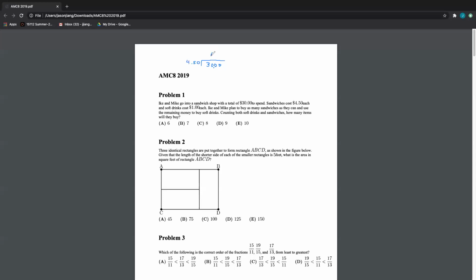It goes in 6 times. 6 times 4.50 is 27. So if we subtract that, we're left with a $3 remainder. So we know they can buy 6 sandwiches, and with $3 they can buy 3 soft drinks. So that's a total of 9 items.